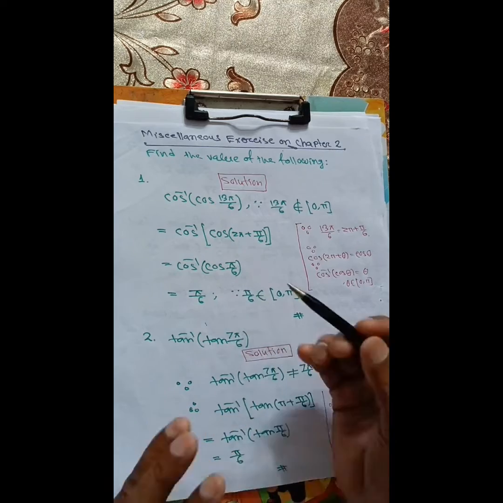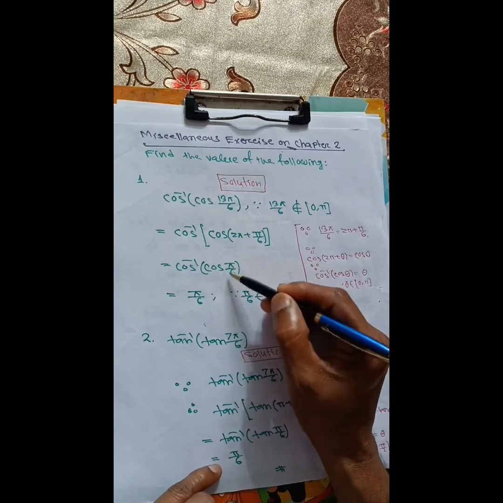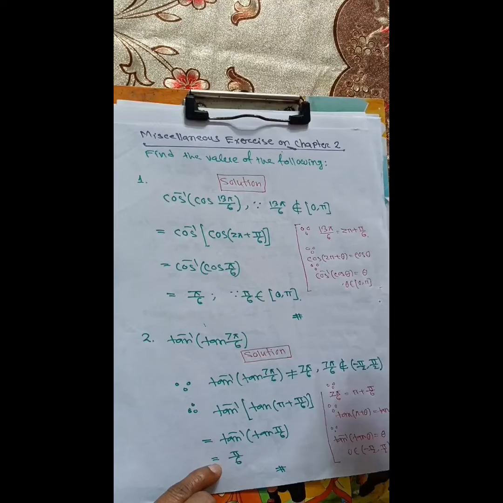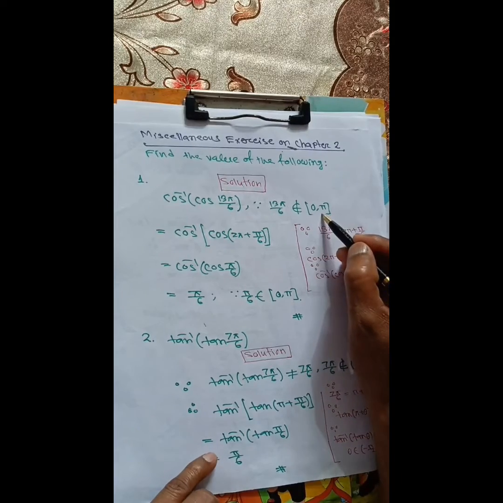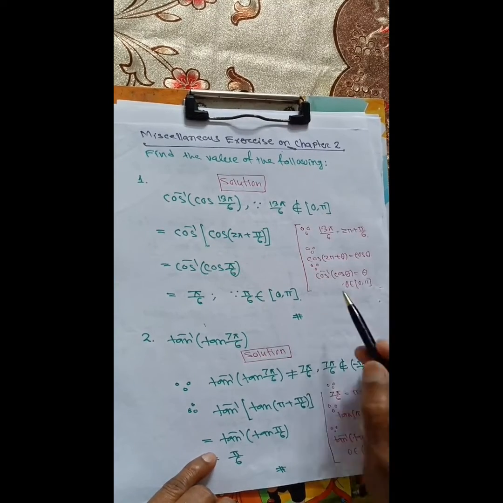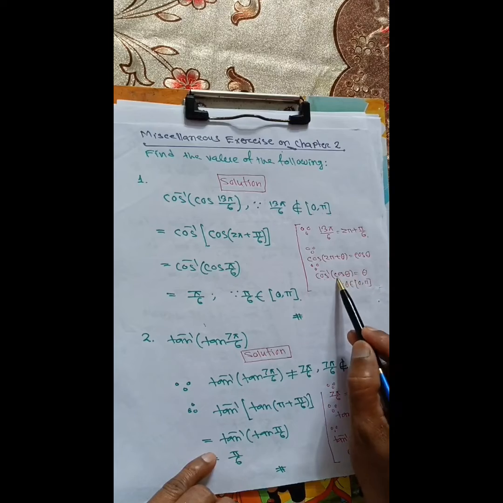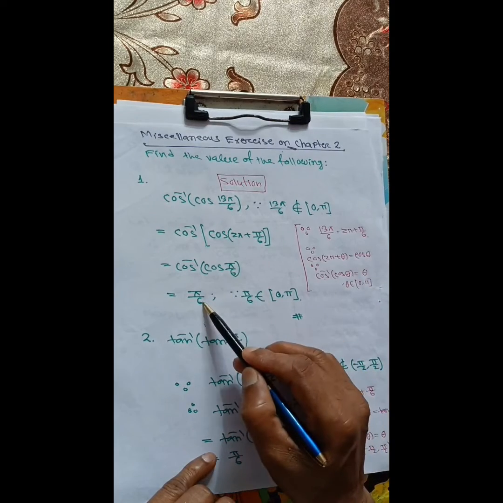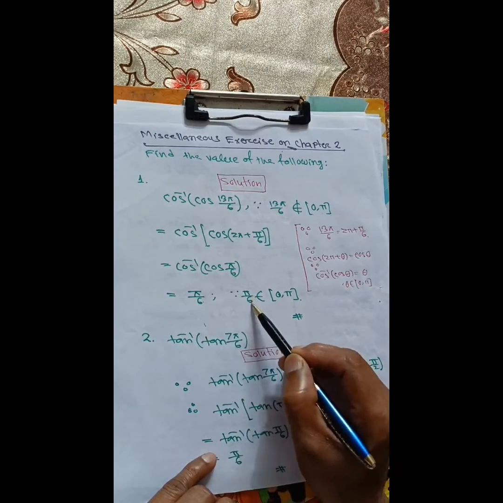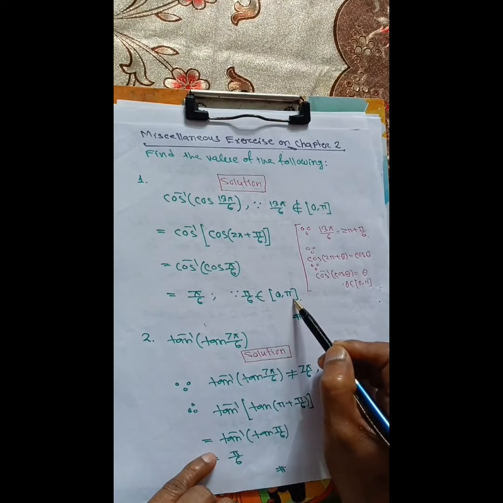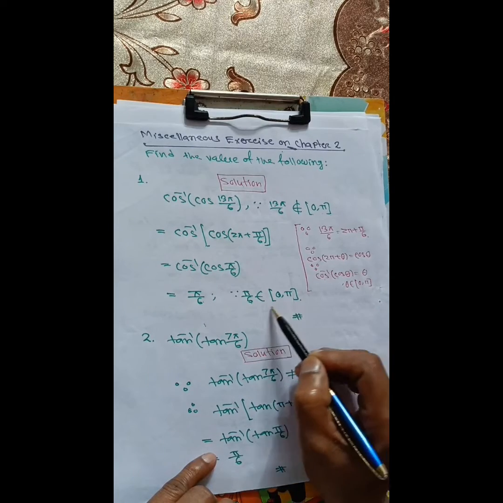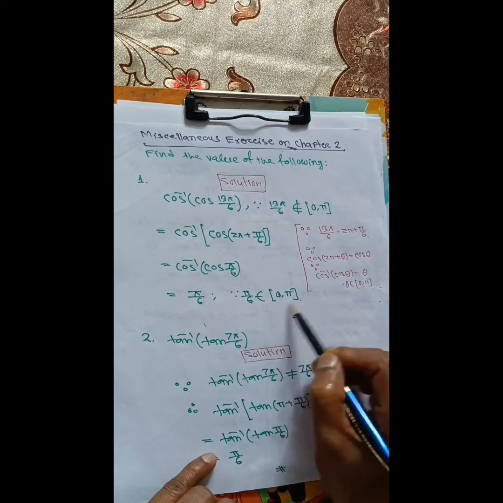Look carefully, this angle lies in this range. So using this formula, we get pi by 6. Why? Pi by 6 lies between 0 and pi, that is the range of cos inverse.